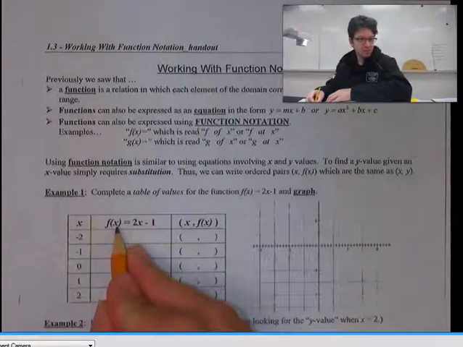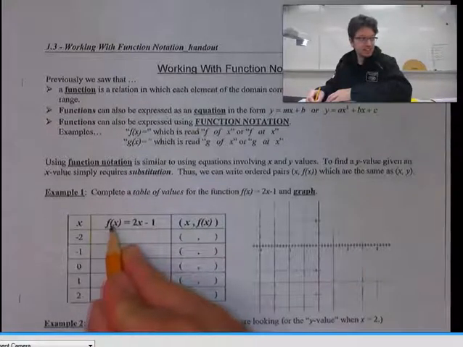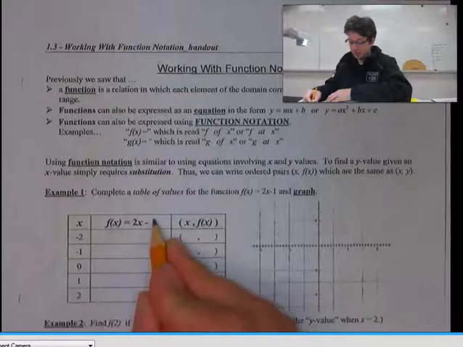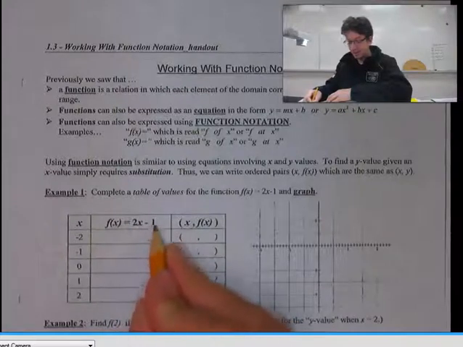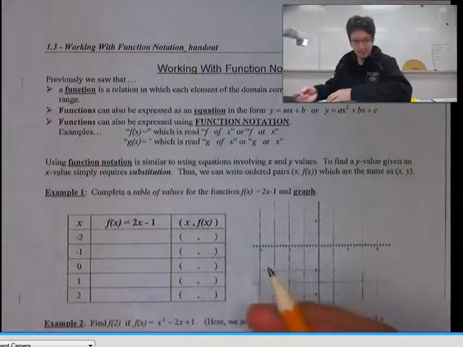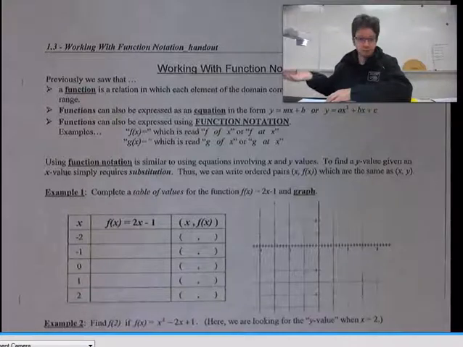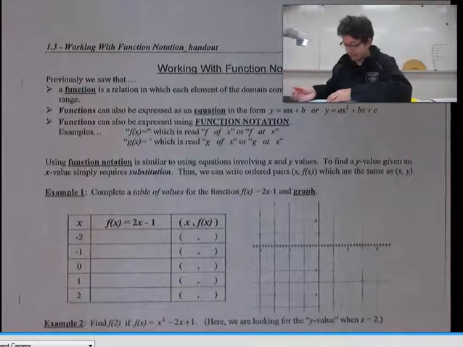Just a reminder that this is not f times x. It just says this is a function of x. Because you'll notice this expression uses the variable x. So that's what the function is of. That's why we say f of x.